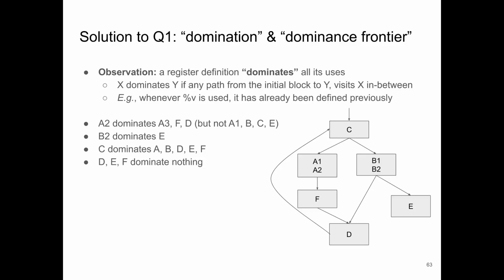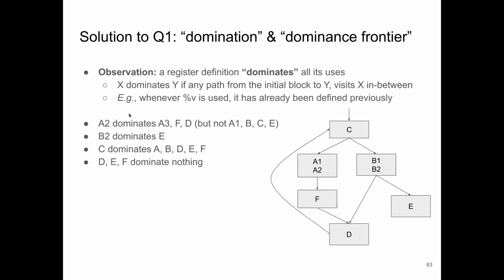Whenever V is used at D, then its definition should dominate D, and as a result, it is either in block C or in block D. That's basically the definition of domination and the motivation behind it. As part of this SSA property, our IR guarantees that a register definition should dominate all its uses.